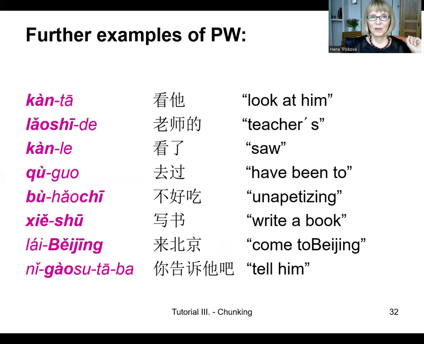Here are some other examples of prosodic words. 看他，老实的，看了，去过，不好吃，写书，来北京，你告诉他吧。The last one is pretty long.